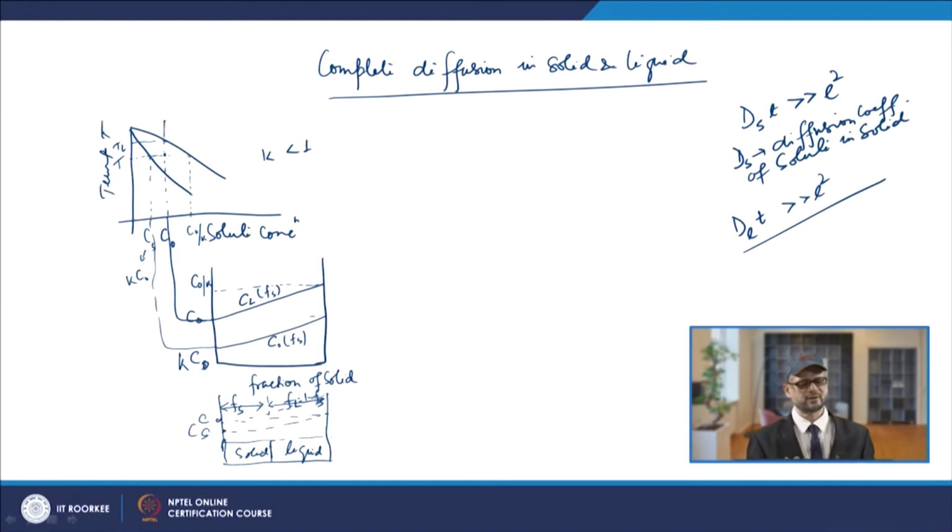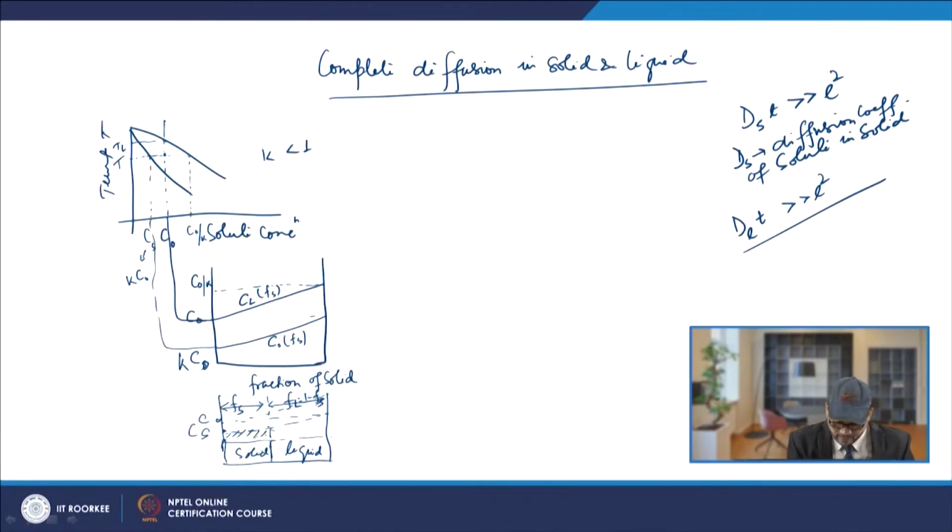So basically Fs plus Fl is equal to 1. If you look at the solid part, this part will be solid and this part will be the liquid, and your solid at the end will have the composition C naught. So you will have the uniform composition C naught all throughout.